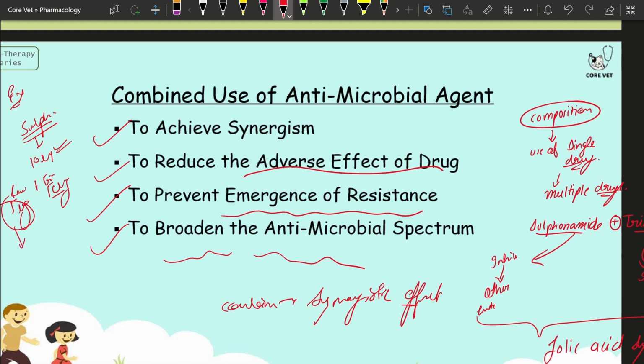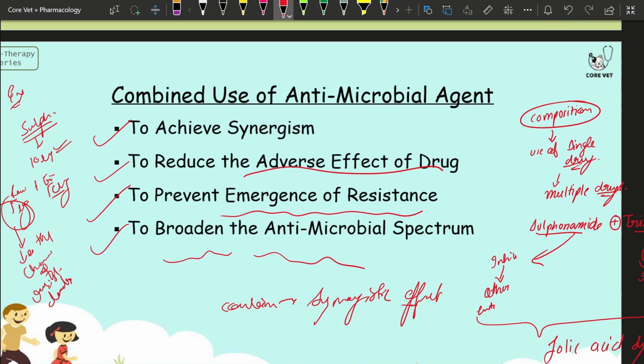Earlier we used the sulfonamide at a higher dose rate, but now there is a reduction of the dose, so it will decrease the chances of resistance development. That is also a use of the combined usage of the drugs.